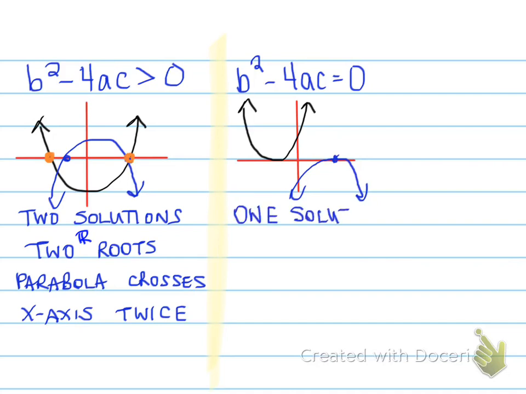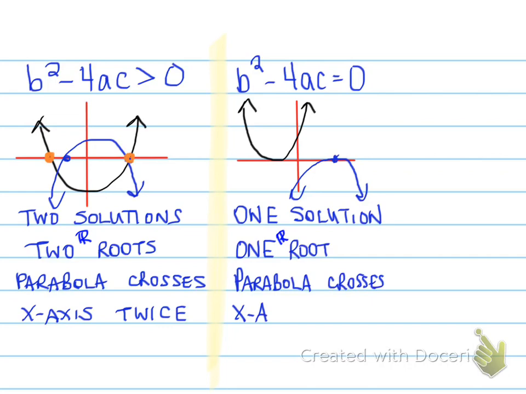So there is one solution, one real root, and the parabola will only touch the x-axis once. It doesn't really cross the x-axis as much as it touches the x-axis once.